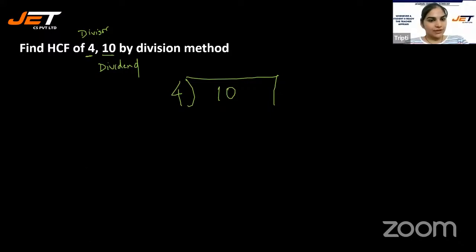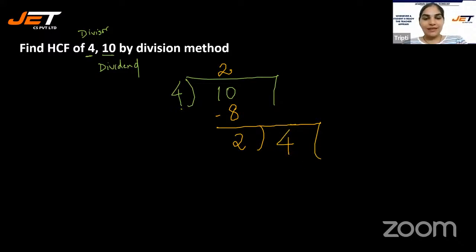Is this clear to you till here? 4 is the divisor, which is the smallest one, and the greatest one is 10. That is the dividend. 4 times 2 is 8. Now here I got the remainder as 2. This remainder will become the divisor, and the divisor which was there before, that is 4, will be treated as the dividend.